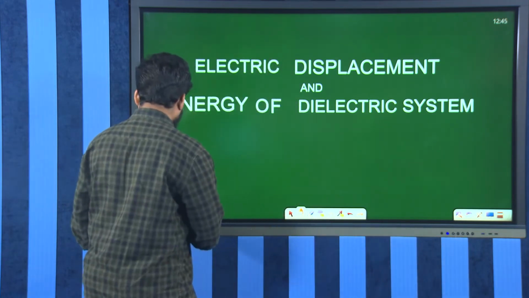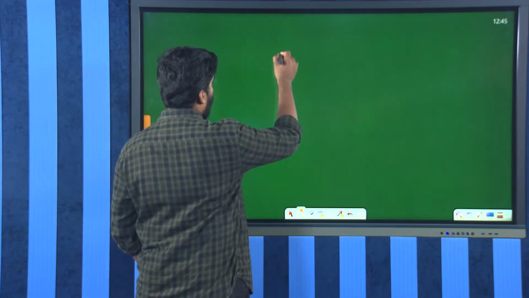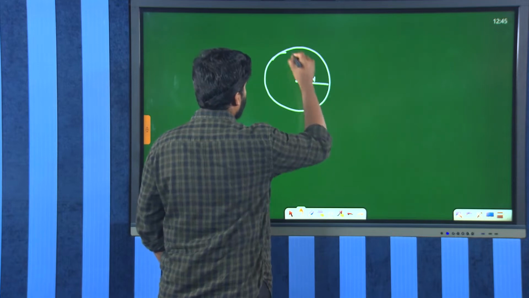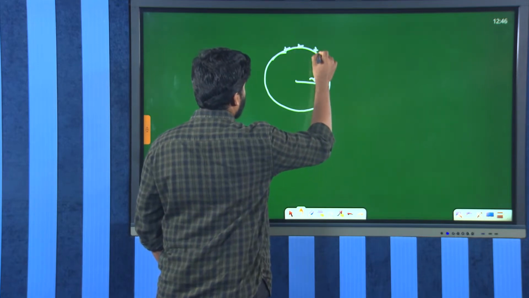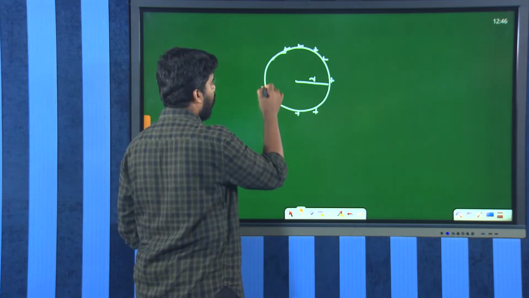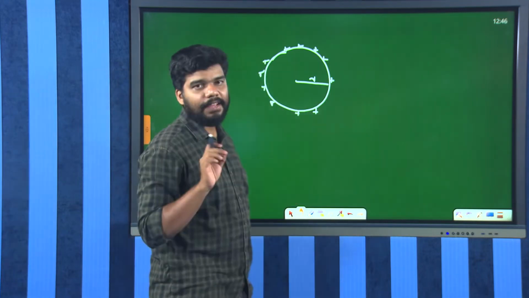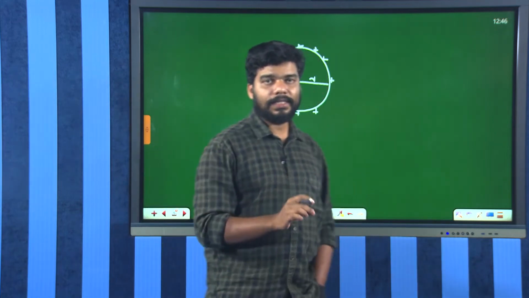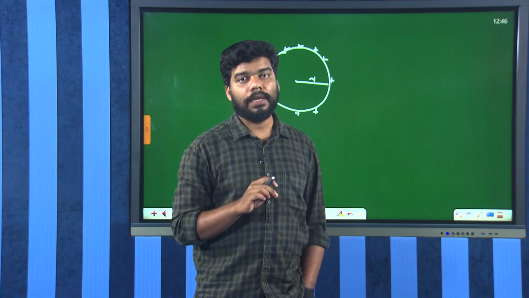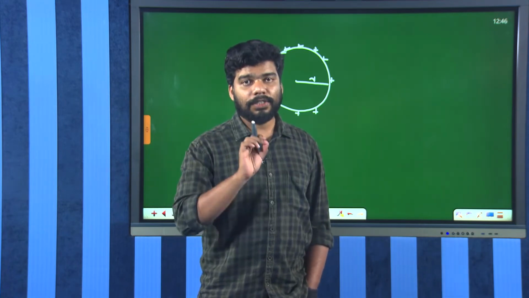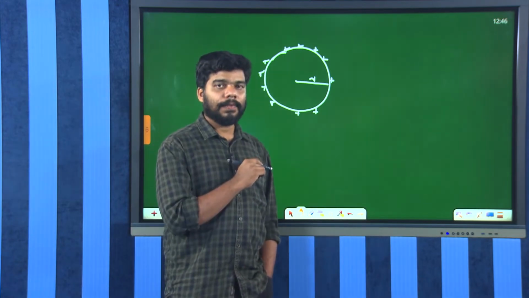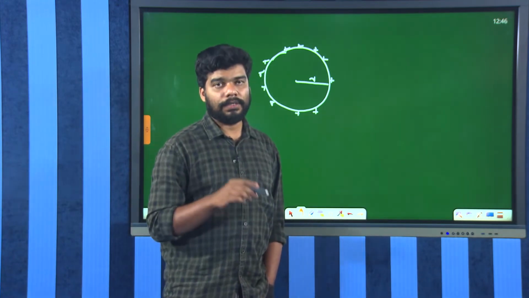For that, consider a shell of radius r, and since the plus charges are at the outer part of the shell, we can define D as D is equal to Q by 4 pi r square into r cap. And what is this 4 pi r square? 4 pi r square is called the surface area of the shell.